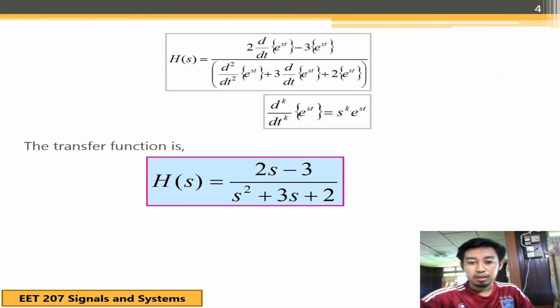It is simple. s squared stands for the second derivative, s stands for the first derivative, and 2 is the constant term. The same applies for the value of x, and this is the value of y. It is easy, right?